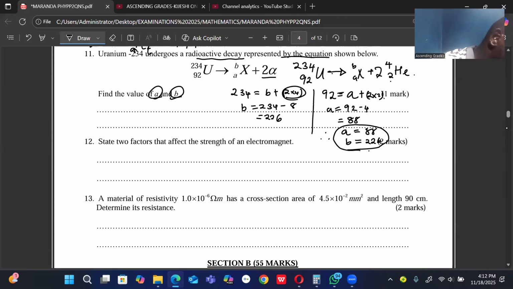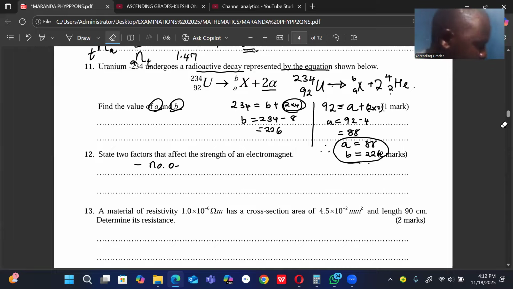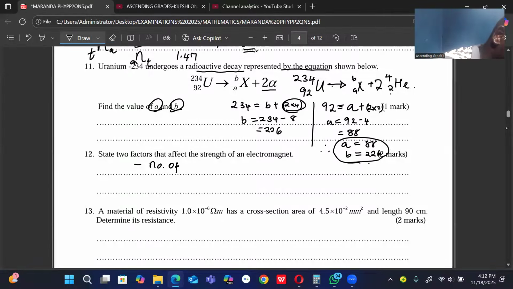So this one, we have the number of turns, the amount of current, and we have the length of the electromagnet.